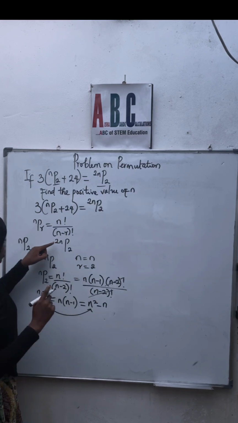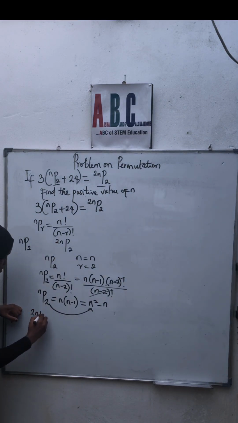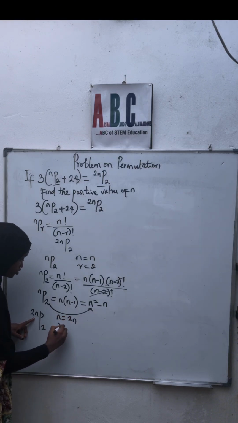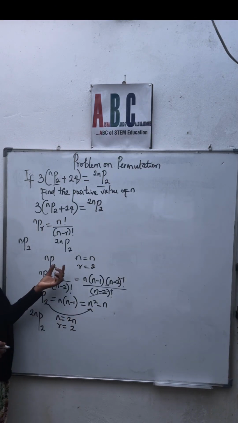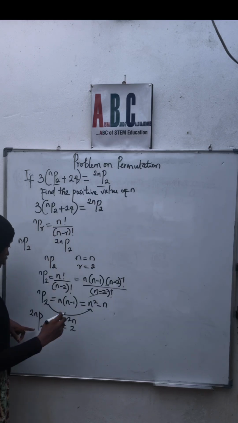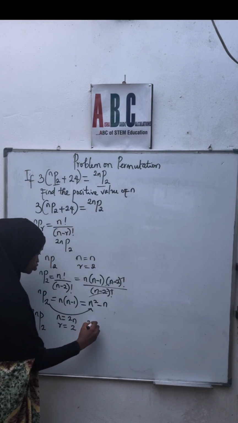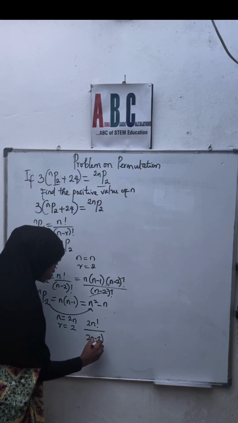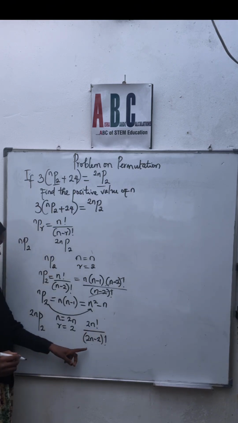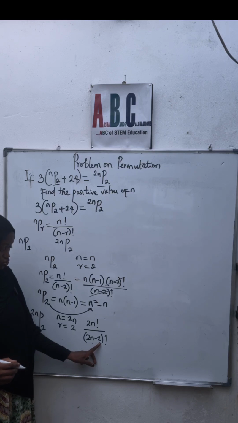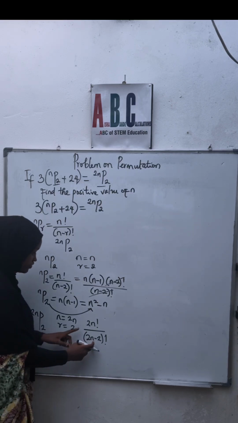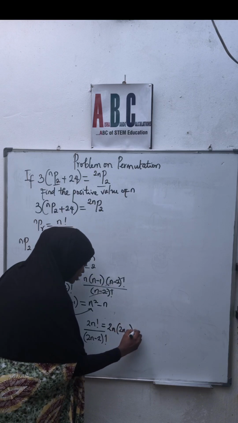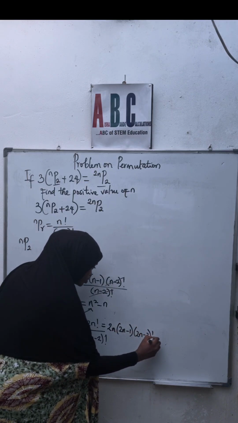We'll move on to the other one, which is 2nP2. In this case, the value of n is 2n, while the value of r is equal to 2. Using the same formula for permutation, this becomes 2n factorial all over (2n minus 2) factorial, where the 2n here is the n and the 2 here represents the r. Let's simplify this. 2n factorial means 2n(2n minus 1)(2n minus 2) factorial, all divided by (2n minus 2) factorial.